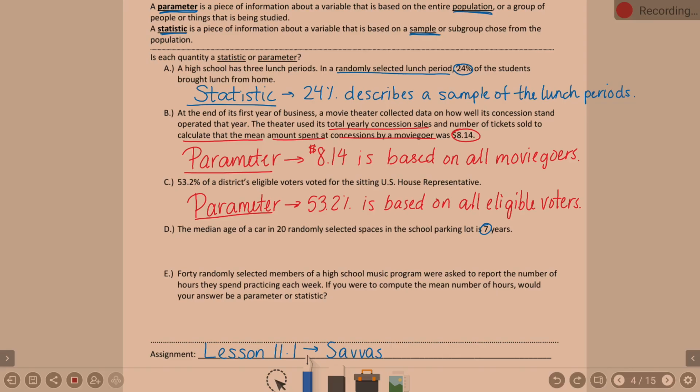So statistic, because it's based on randomly selected parking spaces. Anything that says randomly selected is definitely a sample. I can't guarantee that's the only time you're going to see statistics, but when you see something about a randomly selected group, you're talking about a sample. And then every single one of those questions, I'm writing down statistic, no matter what.